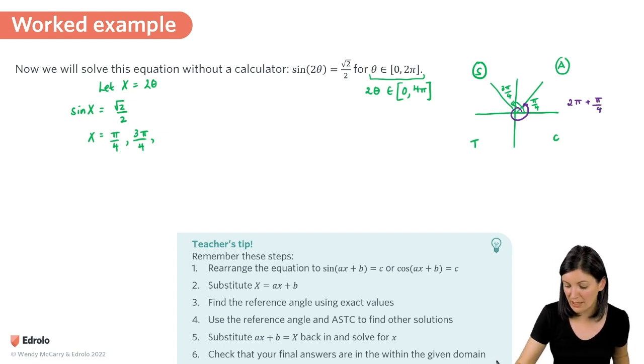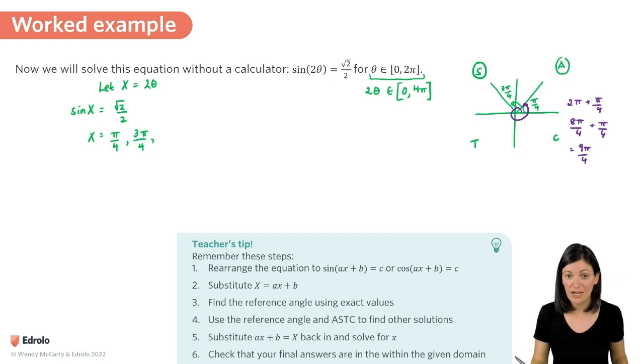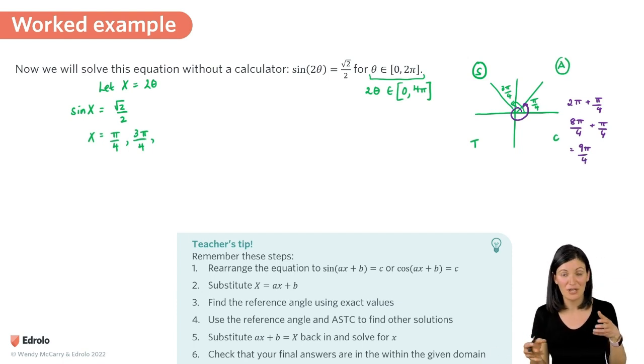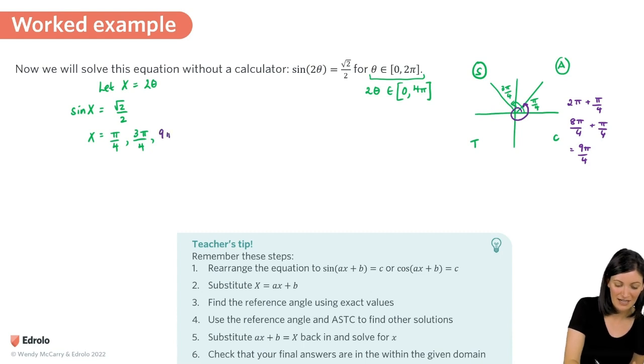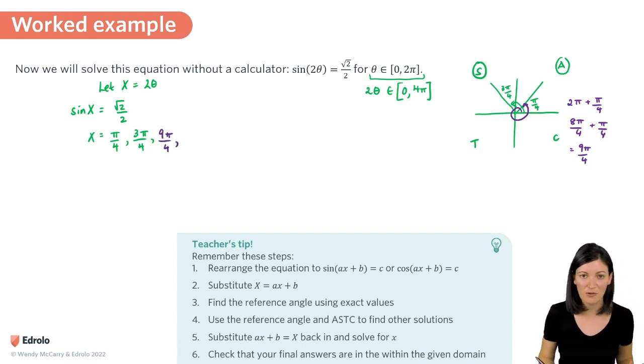So that would be 8 pi on 4 plus pi on 4, which is 9 pi on 4. And you can see we start to get into a lot of fraction work here. So this is why your teachers are probably always going on about being good at fractions. It really comes in handy in this section. So we've got 9 pi on 4.